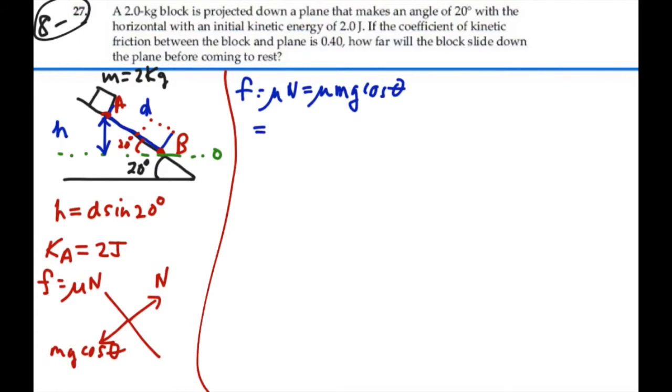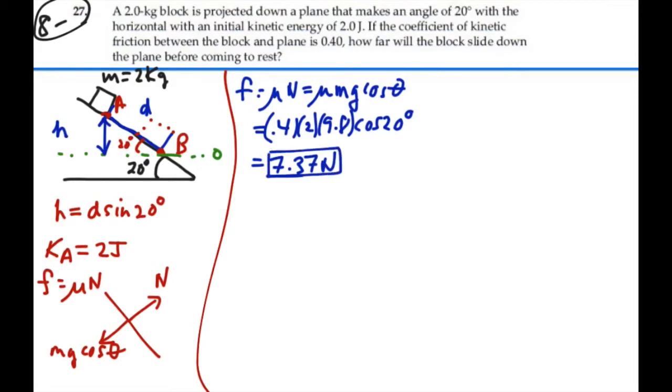And that is going to be equal to 0.4 times 2 times 9.8 times the cosine of 20 degrees. That's equal to 7.37 newtons.